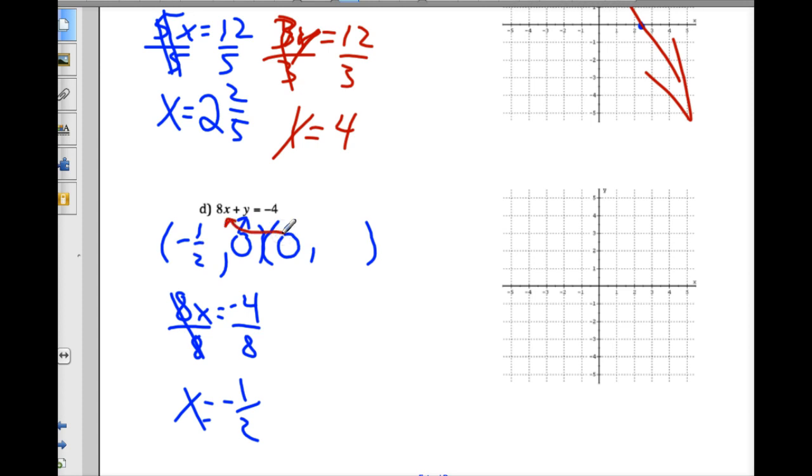Put 0 in for x. Cover that up. Y equals negative 4. Very easy there. We don't have to solve that one. So I got an x-intercept at negative 1/2, 0, and a y-intercept at 0, negative 4. This line is very what? Steep. Okay, that line is very steep.